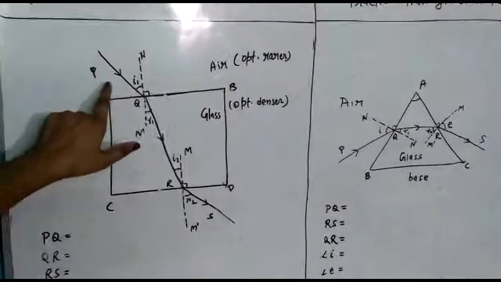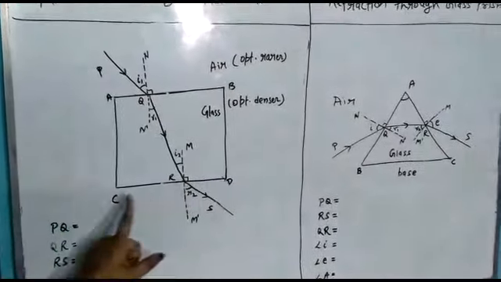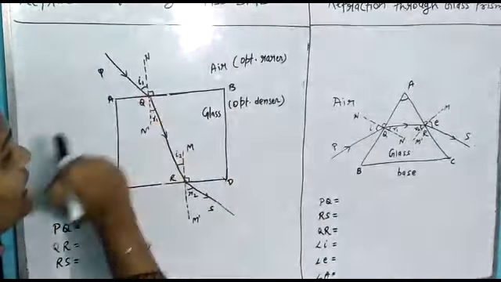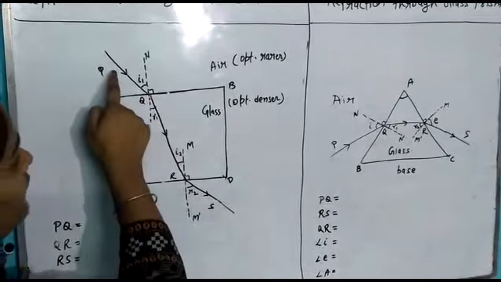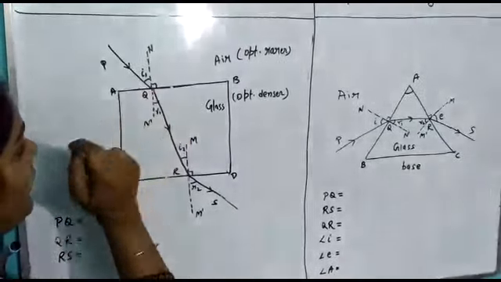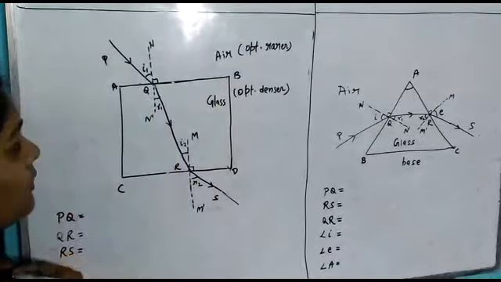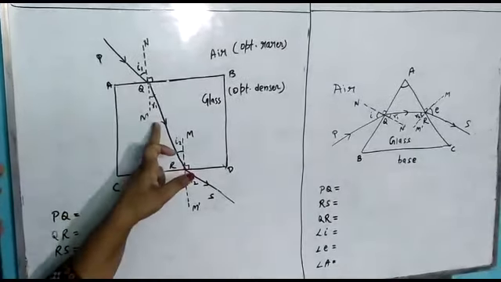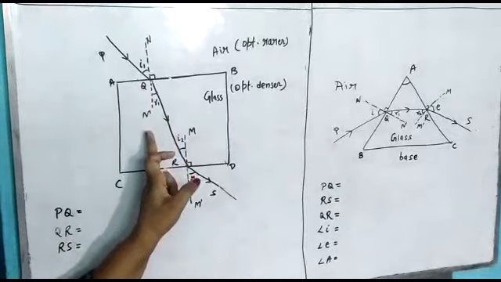Here we have a glass slab which has parallel sides, and PQ is the incident ray. When this ray is incident at this point, N dash is the normal. Because the light ray is going from a rarer medium to a denser medium, it bends towards the normal.